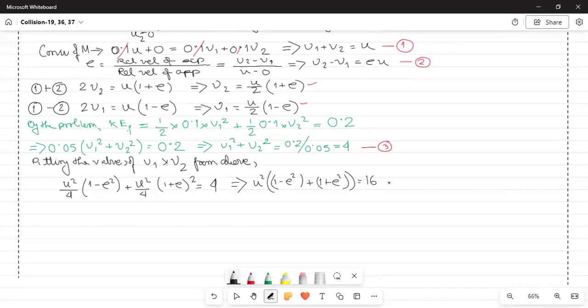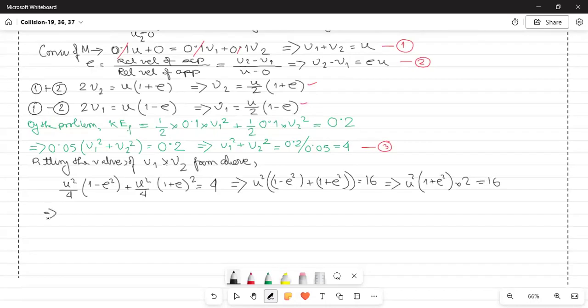Now, what is this? 1 minus e square plus 1 plus e square is equal to 2 into 1 plus e square. Equal to 16.